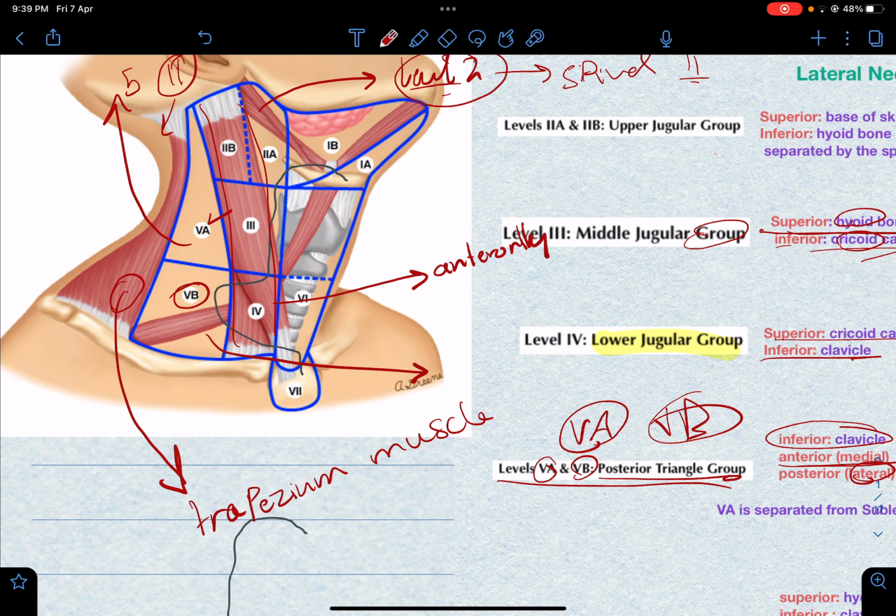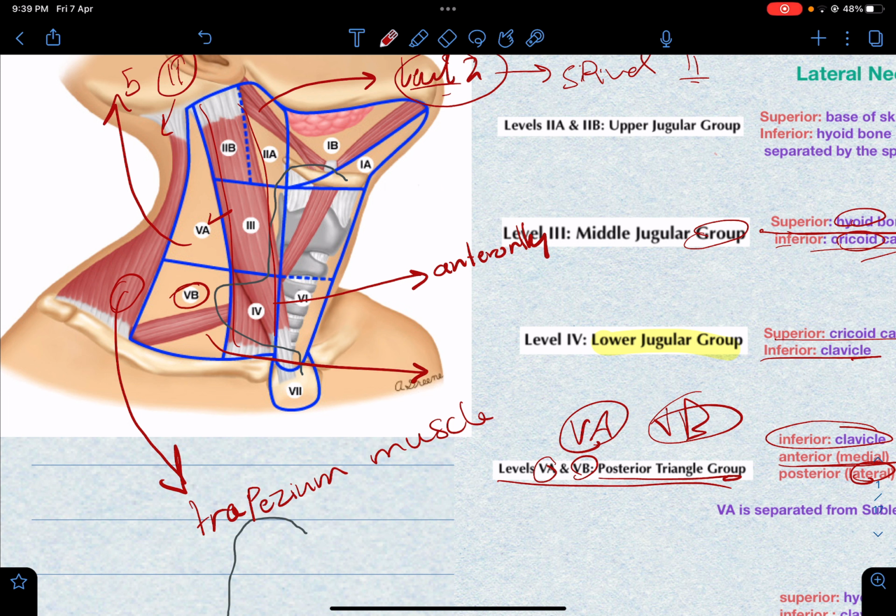This is the medial or anterior part, which is going to be the anterior belly. So the inferior part going to be the posterior, but when it gets to medial or anterior, going to be the anterior belly of the digastric.